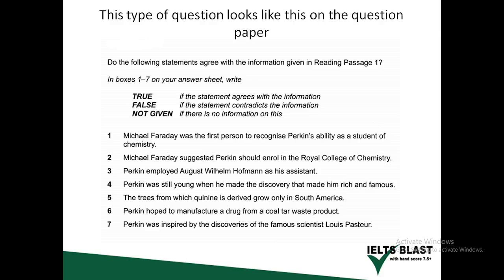While false means the way the question is totally opposite of the statement in the passage. Sometimes they could be saying something the same but in a different way. You can also take that one as what? A false. While not given means the information is entirely not there.